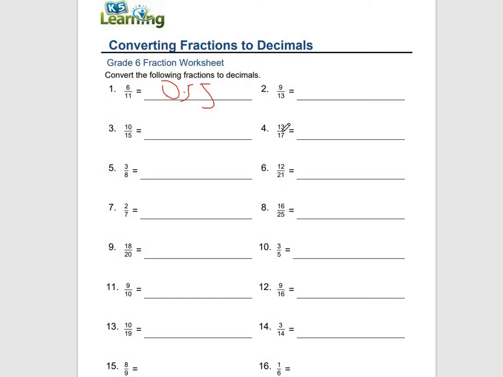When you work it out, you should get a total of 0.614 before you stop.